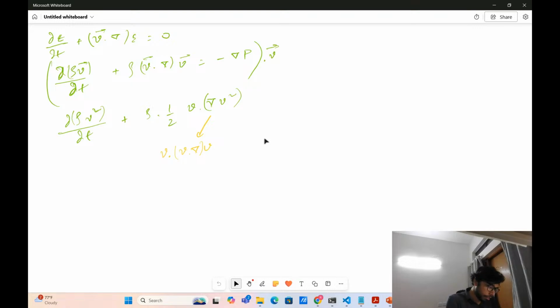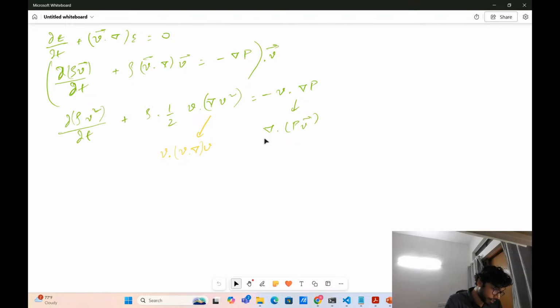Anyway, moving on. This is the second term, and the third term will be V dot del P. Now, as I said, due to incompressibility, this can be written as del dot PV. Why?